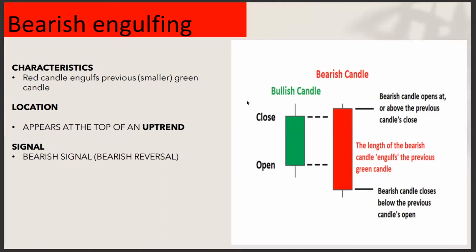You will have to see if there is an area of confluence around this pattern. Whenever you see these patterns around an area of confluence, there is a surety that this will act as an entry trigger, and you can take a trade. Bearish engulfing tells us that the uptrend is done, the buyers are losing momentum, and the sellers are taking control and will drive the price lower.